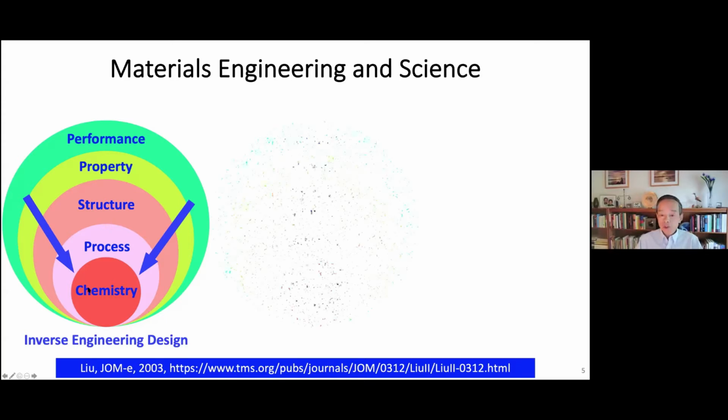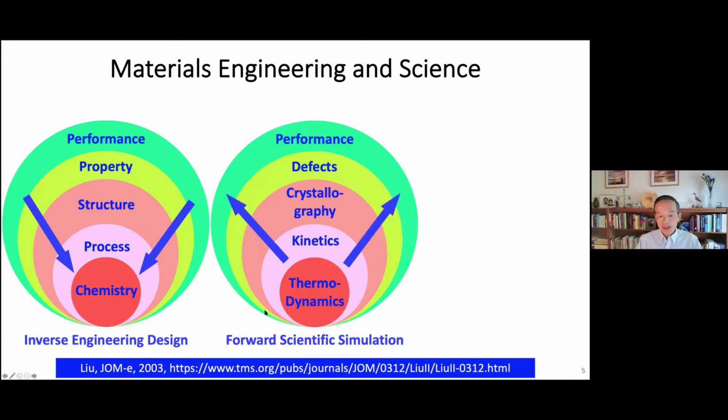If you go forward, what is chemistry? Thermodynamics. What is process? Kinetics. Structure is crystallography. Properties are largely determined by what you have, plus a very important one, defects: vacancies, dislocations, interfaces. I call this forward simulation. So this is discovery.